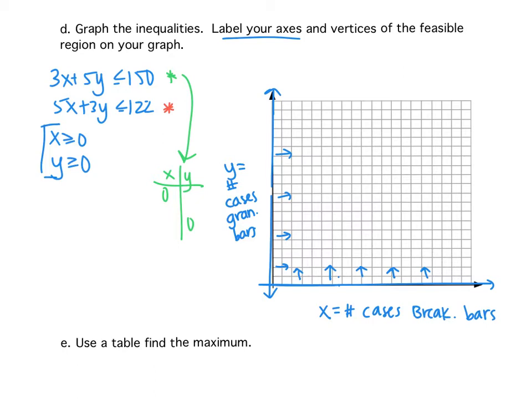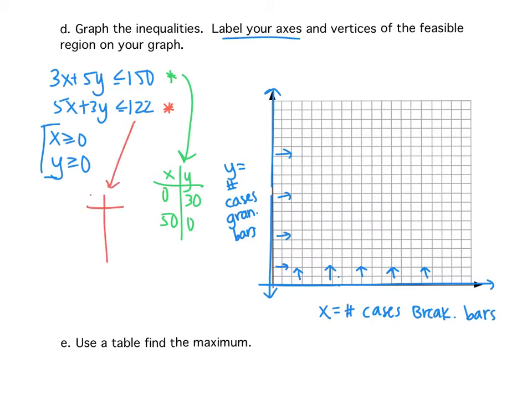So my y is going to be 30. If I put a 0 in for y, I get 3x equals 150. So x equals 50. Now, we're not going to graph those yet. You should be able to tell looking at these intercepts that we're going to have to scale somehow. Our boxes aren't going to be able to go by 1. If they do, we won't be able to get up to 30 and 50. So we're going to find all the intercepts and then figure out how we want to graph.